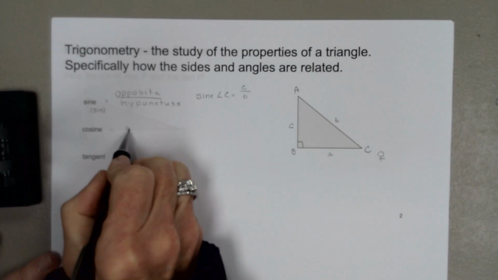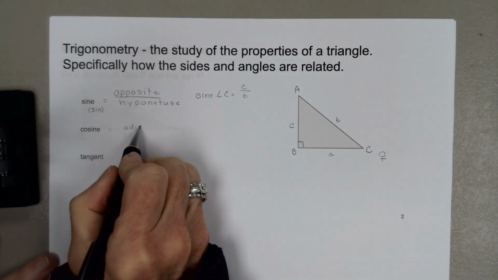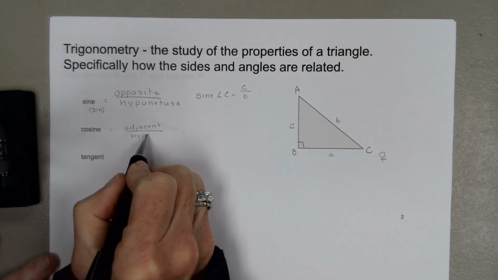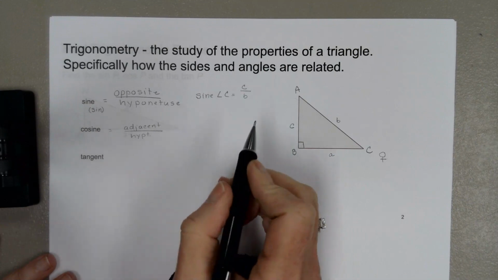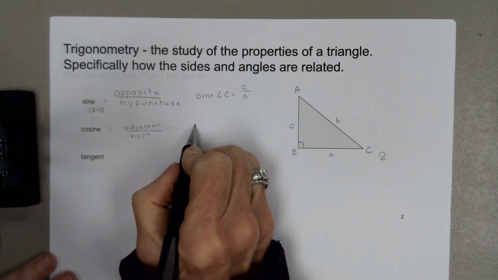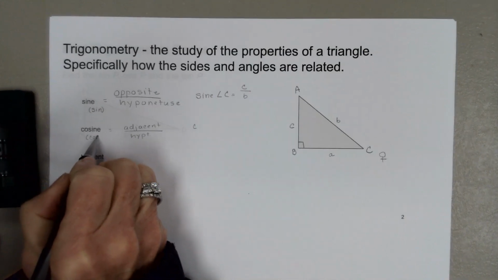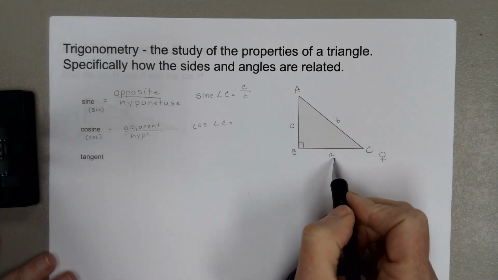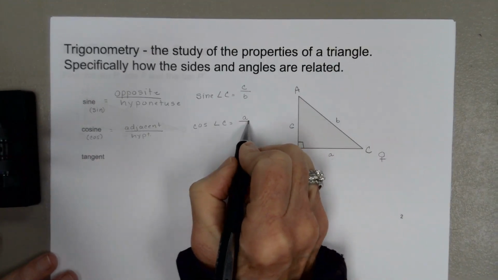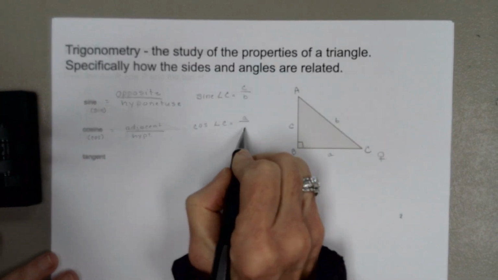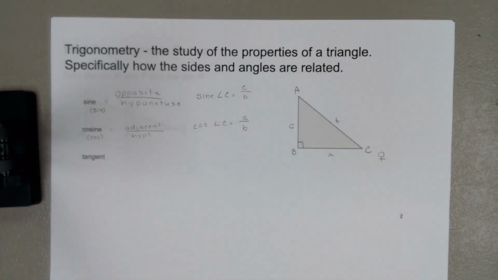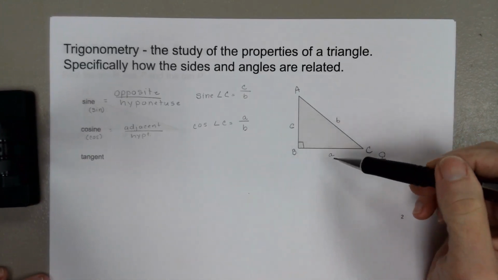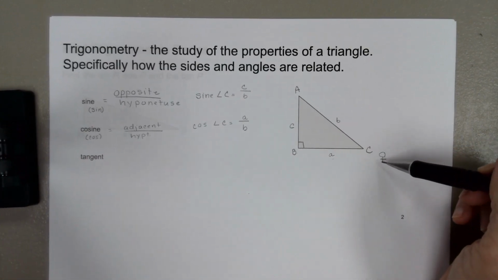Cosine is adjacent over hypotenuse. So again, if you are standing right here, the cosine, the abbreviation is COS, the cosine of angle C is equal to the adjacent side, which would be A, over the hypotenuse, which will be B. The hypotenuse never changes, but what side is opposite and what side is adjacent is based on where you're standing.